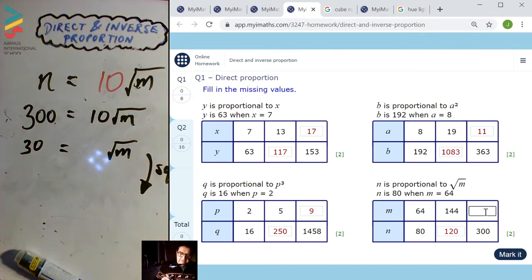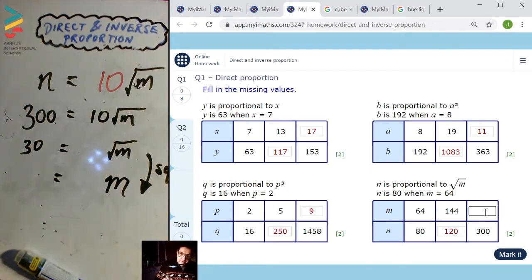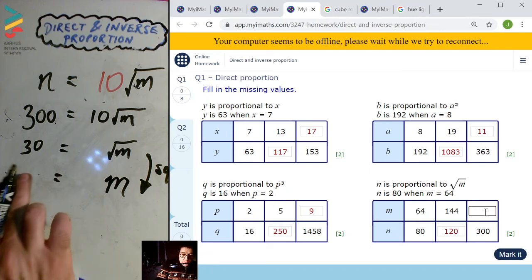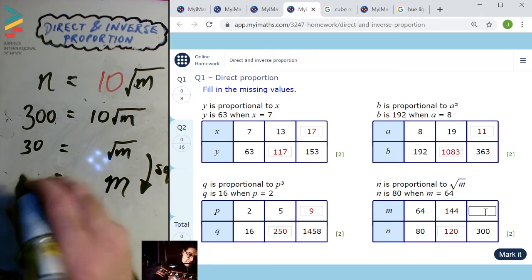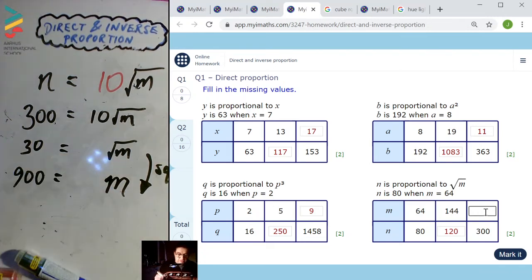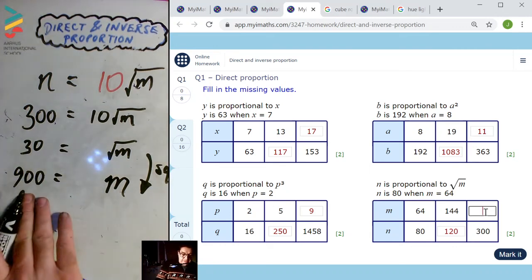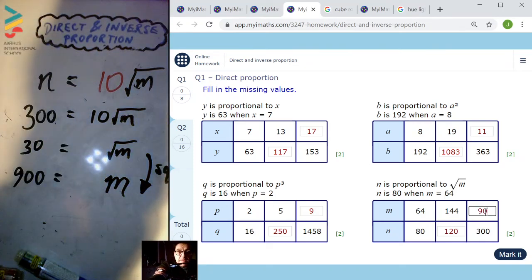So instead of the square root of m, I get a whole m. But I've got to square the other side as well. So I've got to multiply through 30 by itself, and that gives me 900. So multiplying each side by itself, or squaring it, I get m is equal to 900. And I'll fill that in on the table, 900.